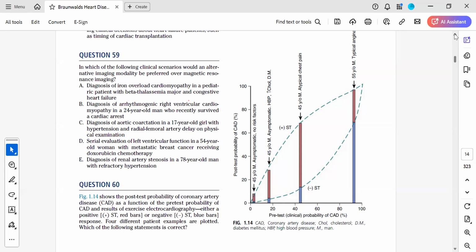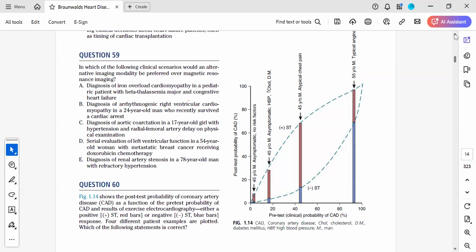Echocardiography remains the preferred option for patients in this case. When one goes through the options, we see that echo is preferred for patients needing serial evaluation of left ventricular function, in preference to cardiac magnetic resonance imaging.